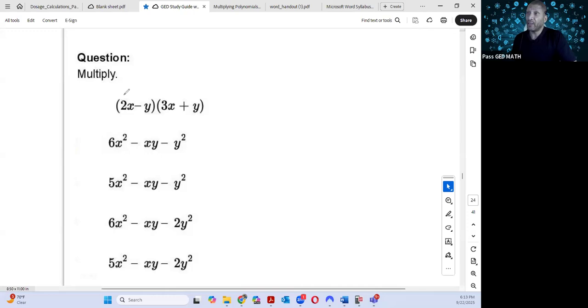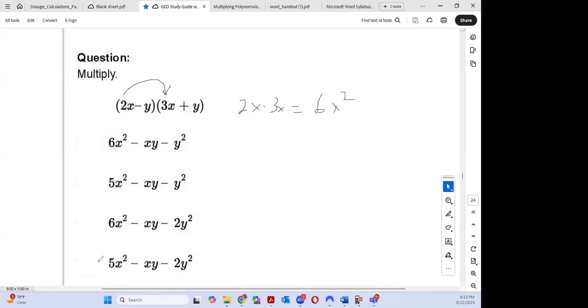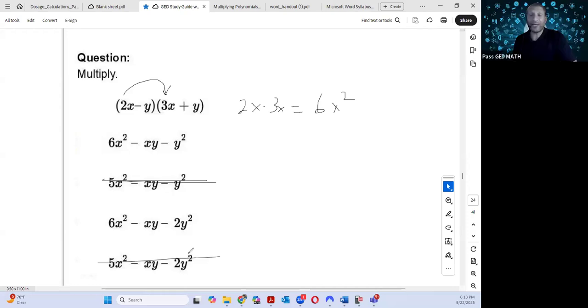So right away, 2x times 3x, I know my first term is 6x squared. So I know B and D are not even a possibility. Then I go to my last term, minus y squared. I know it's not C. I'm done.